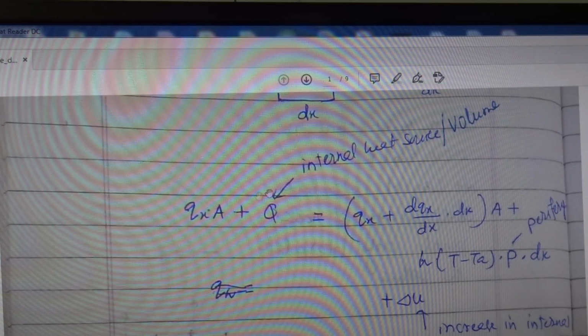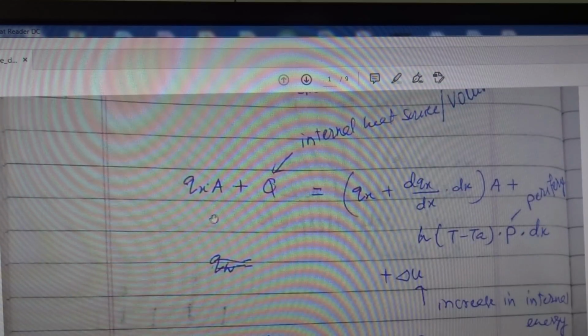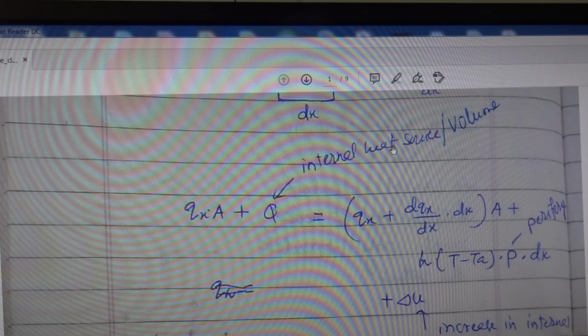Now Qx into A plus Q, the internal heat source per unit volume. Suppose Q is the internal heat source per unit volume. It should be multiplied with A into dx, which is shown at the latter. So A dx is missing at this point.